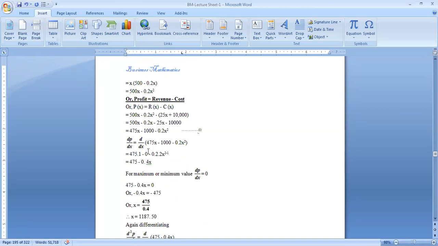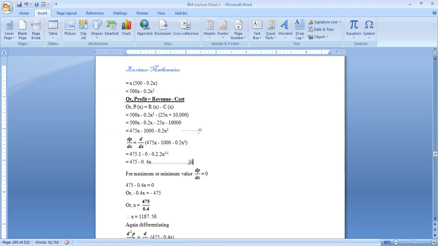Differentiation of any constant must be 0. Now for 0.2 into x square, the formula is n into x to the power n minus 1, that means 2 into x to the power 2 minus 1. Therefore 475 minus 0.4x. This is the first differentiation, and this will be equation number 2.